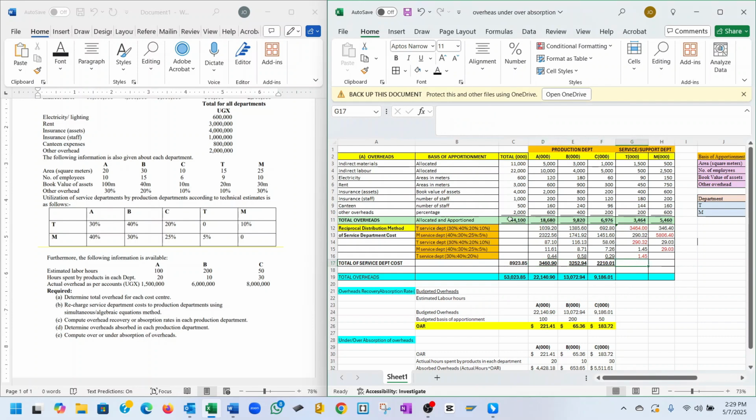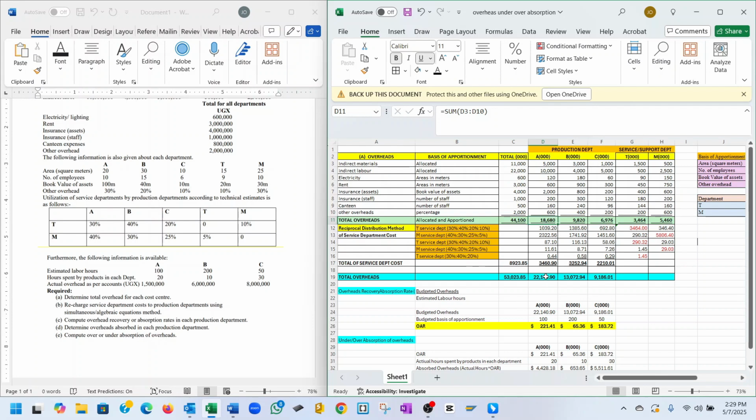Now, since we've got the overheads at the top over here, which was allocated and apportioned, then after we apportion the service department, we got this total. We are going to find the total overheads. And that total overheads is going to be the total overheads that was allocated and apportioned and the share of the service department to the production department.